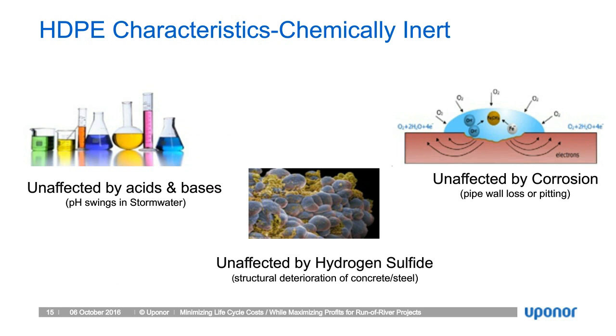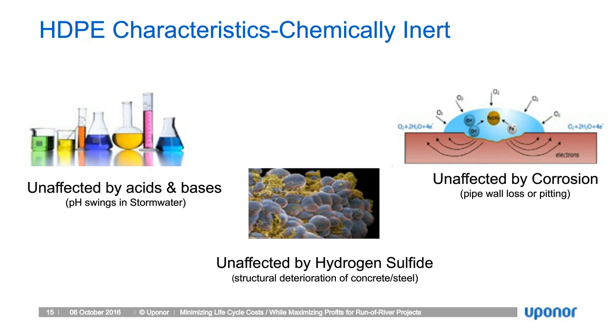As mentioned, the HDPE characteristics are why we have such a long life cycle or design life. HDPE, or high density polyethylene, is unaffected by acids and bases, in case there are pH swings in the water, or salinity, or maybe the soil has changed. It's unaffected by corrosion.